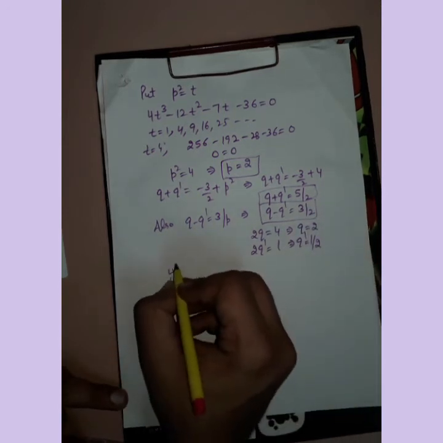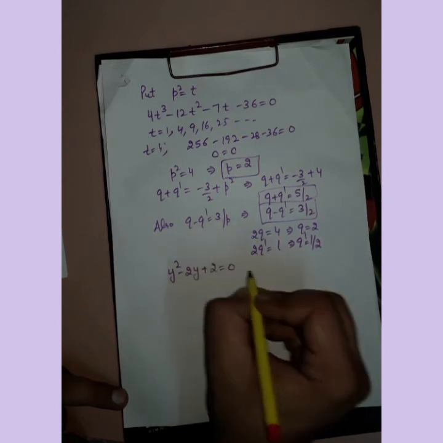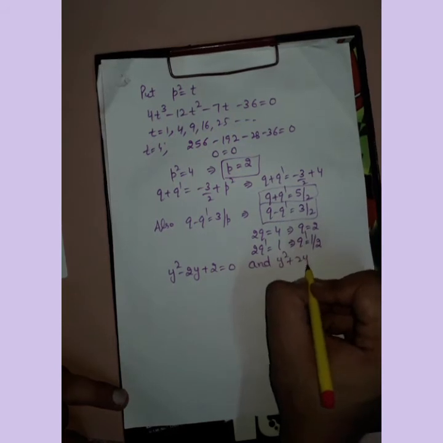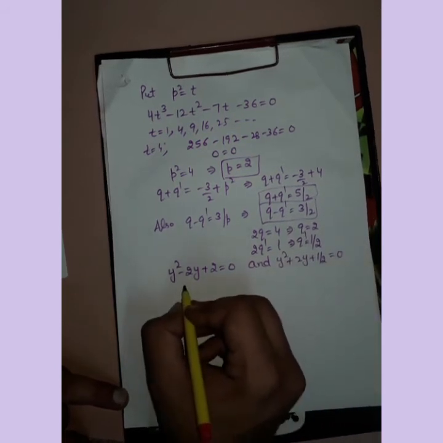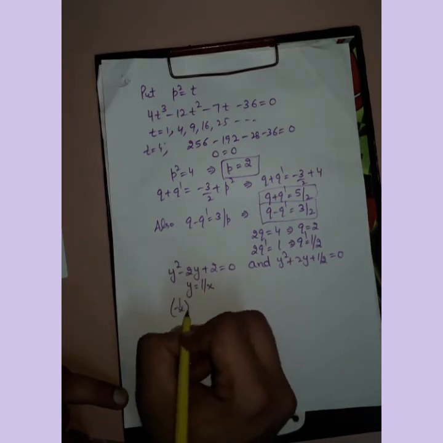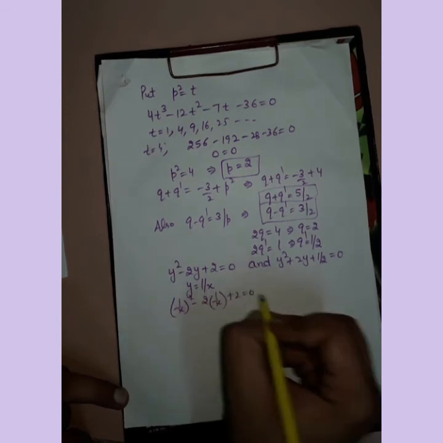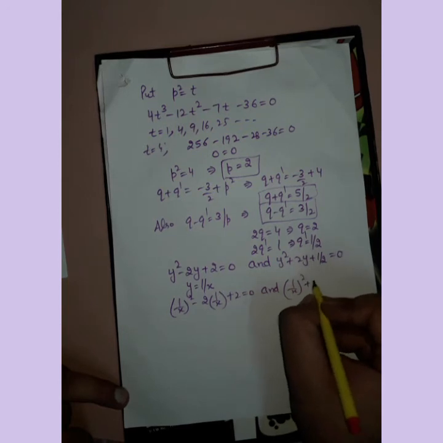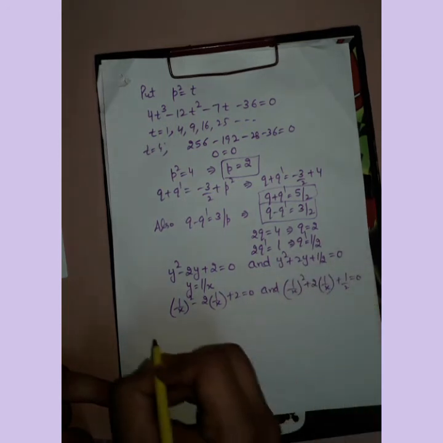So the equations become y square minus 2y plus 2 is equal to 0 and y square plus 2y plus 1 by 2 is equal to 0. We know y is equal to 1 by x. So that is 1 by x square minus 2 times 1 by x plus 2 is equal to 0 and 1 by x square plus 2 times 1 by x plus 1 by 2 is equal to 0.